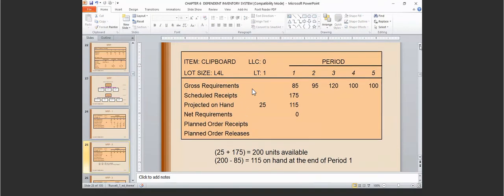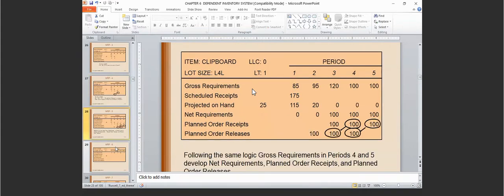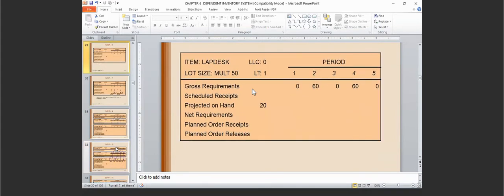We have here a clipboard, and clipboard also using a lot sizing technique of lot for lot. Sorry, no, this one is... okay.